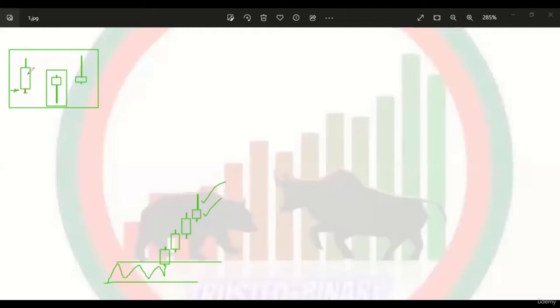Then buyers come again from here, and finally push the market totally up, up, up, up, up, and it hits this area here. So that means buyers are in a stronger, powerful situation.